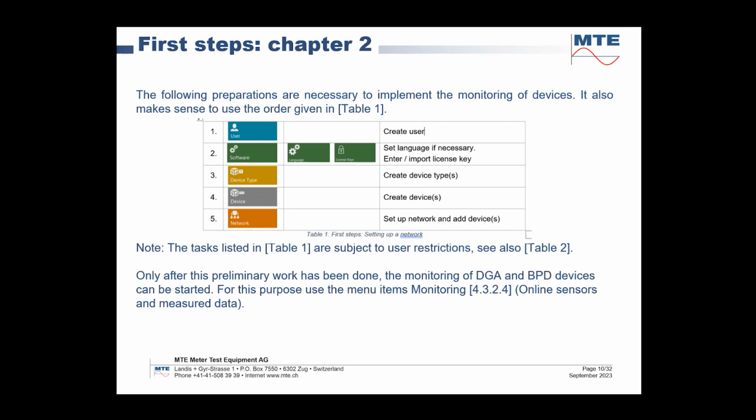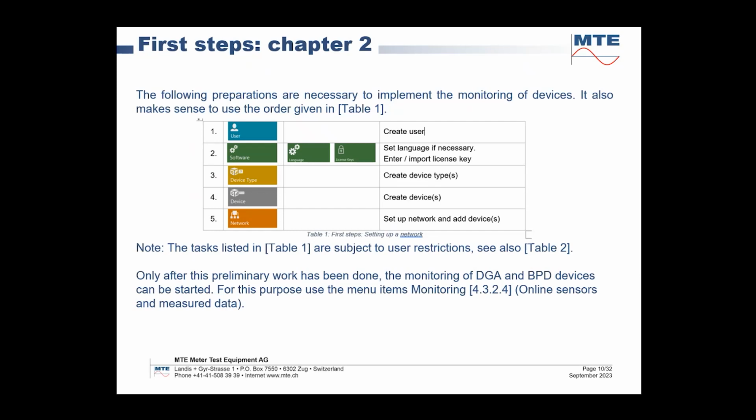It's a profile for the device. Then number 4, after creating the device type, you must finally create your device. After your device has been created, you must also set up your network and add devices. As soon as you have created the network, you can attach the device.